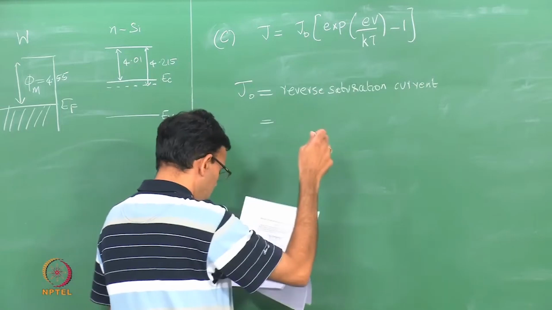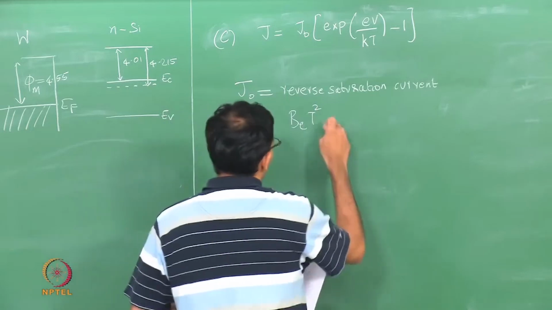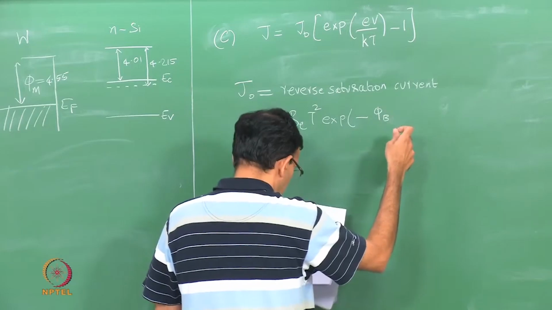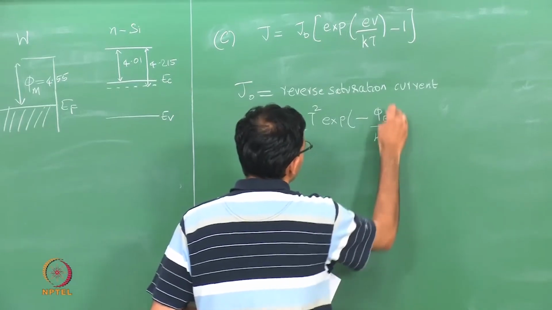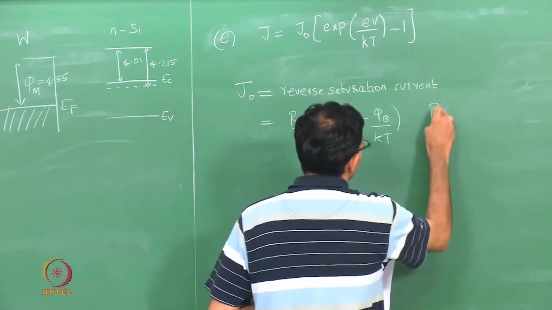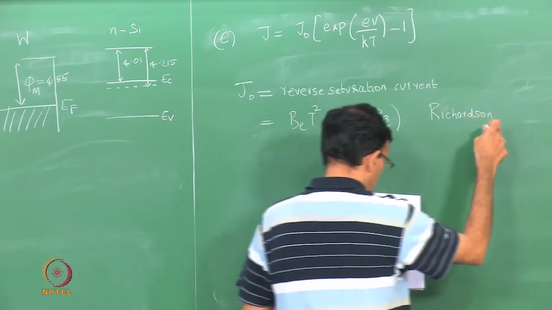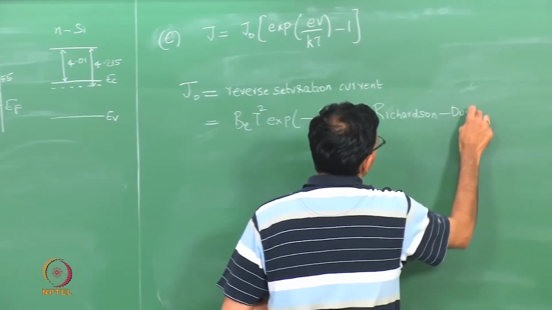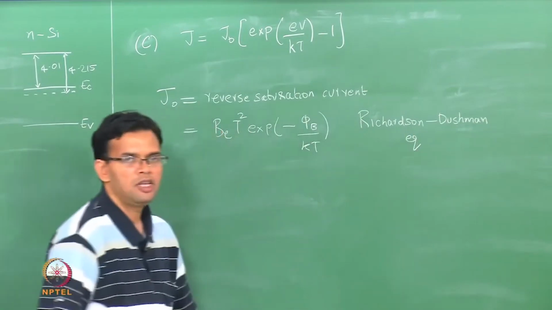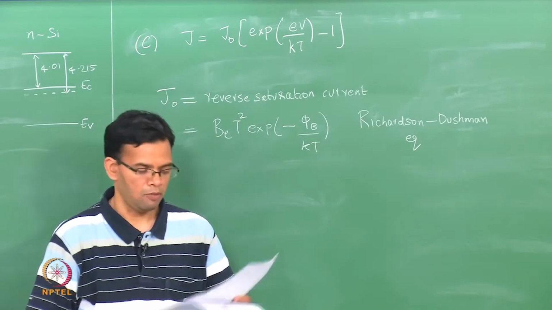and J naught is equal to B e T square exponential minus phi b over kT. So, this is called a Richardson-Dushman equation. And it is actually used to calculate the current during thermionic emission from a metal.